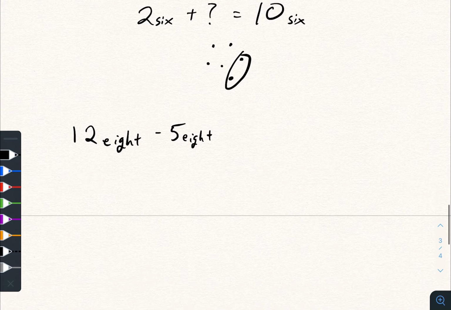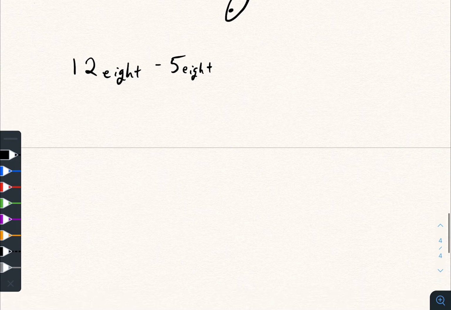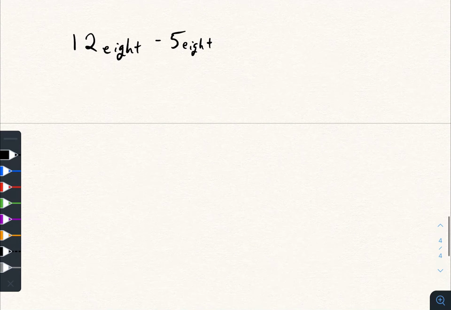Let's do another one. This is 12 base 8 minus 5 base 8. With this, we could do a similar approach, or we could think of counting down in steps.